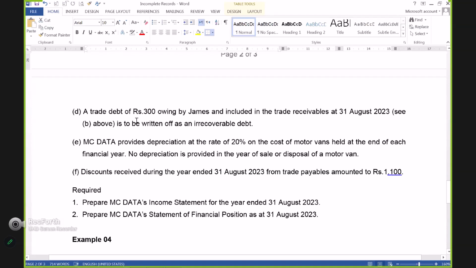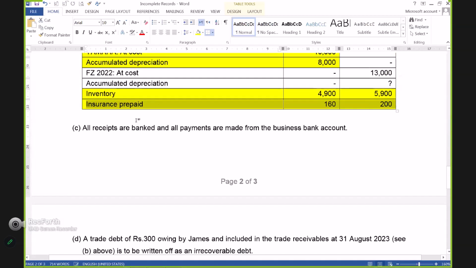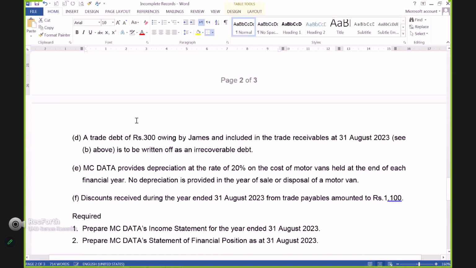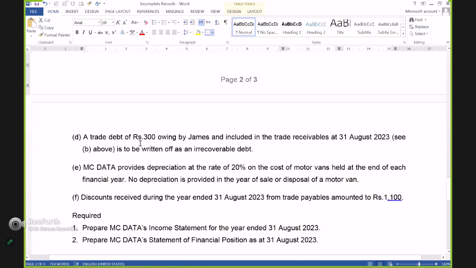The trade debt of 300 owed by James is included in trade receivables at 31st August. See the note above on the write-off of irrecoverable debt. So the 300 is a bad debt, an irrecoverable debt.